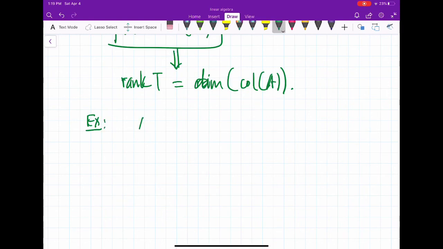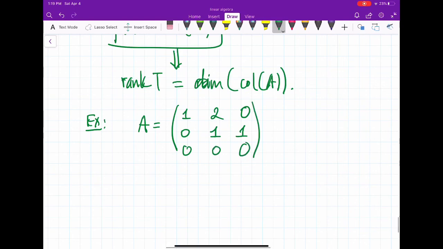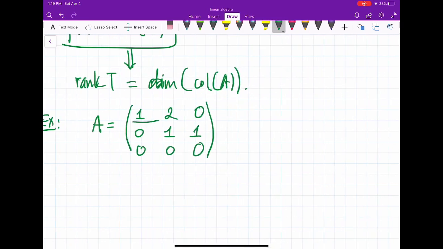So let's consider the following example and then we can finish this section. If you have a matrix A like this, rows 1, 2, 0 and 0, 1, 1, you can see from here that this matrix has rank equal to 2. So what is the rank of T? That's also 2.